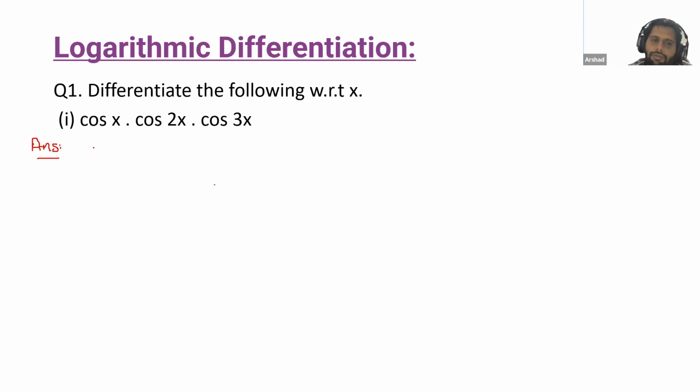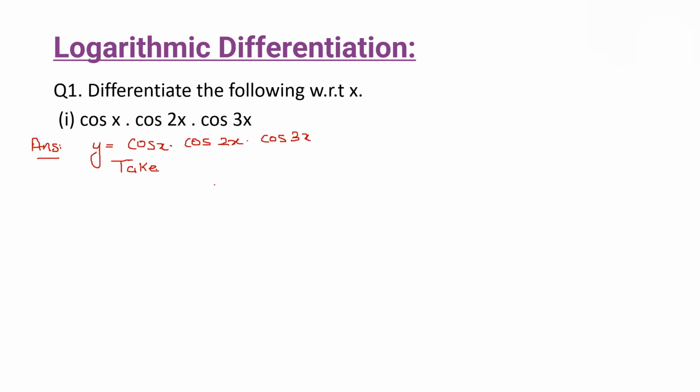So we have this one. If the y is not given, then please write y on your own. y is equal to cos x, cos 2x into cos 3x. Take log on both sides. So why are you writing y? We need to differentiate this. Suppose I give you sin x and ask you to differentiate it, you will write it like this.